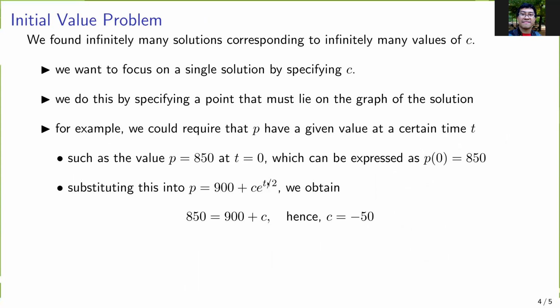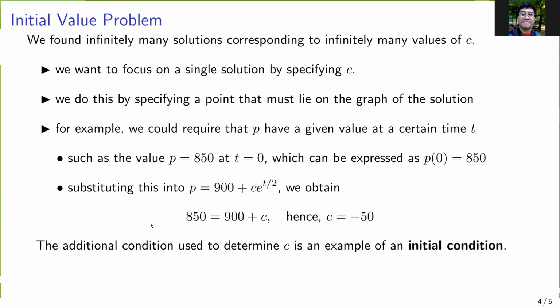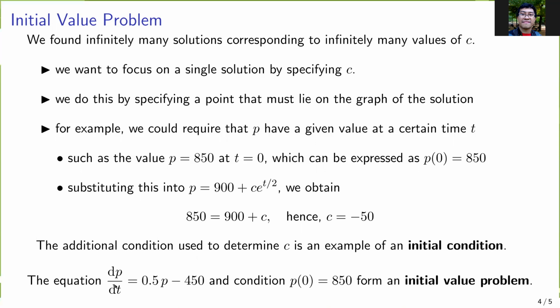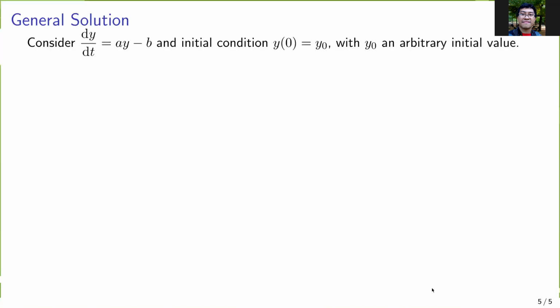T is 0, p is 850, so we get c equal to negative 50. This additional condition that we use to determine c is an example of an initial condition. So this differential equation and this condition form an initial value problem.